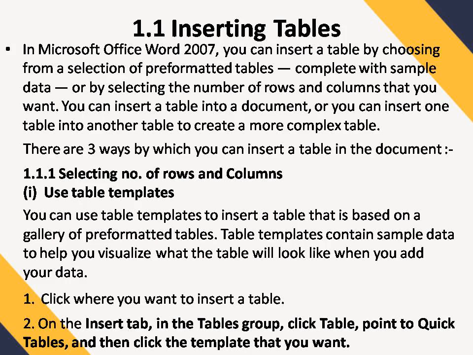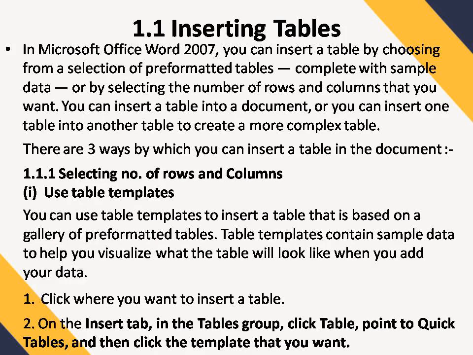You can insert a table into a document, or you can insert one table into another table to create a more complex table. There are 3 ways by which you can insert a table in the document. These are: number 1, selecting number of rows and columns.